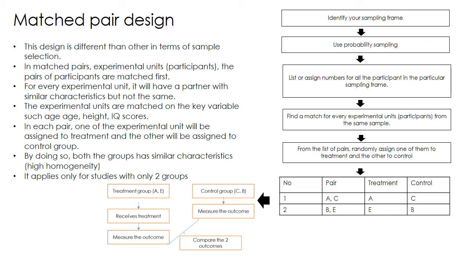So here we are calling it matched pair design, meaning we are actually getting the experimental units or participants to be paired first before assigning them into treatment or control.